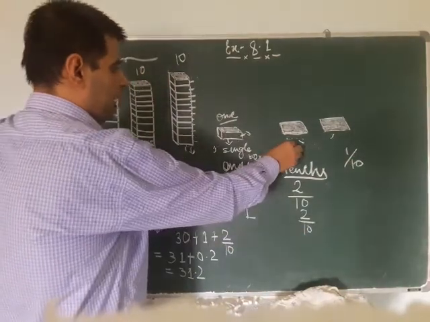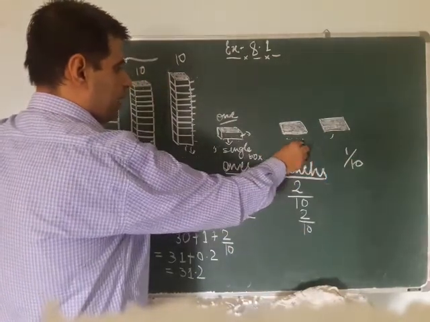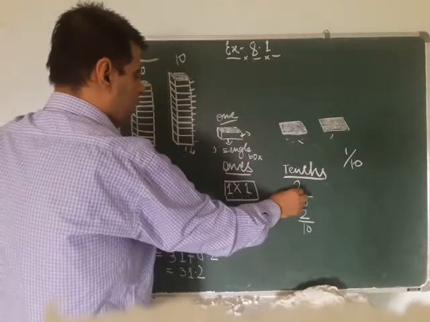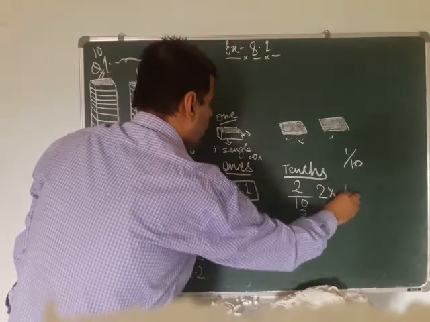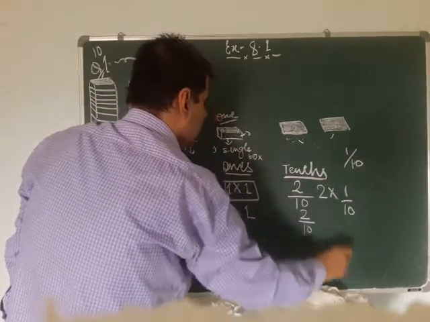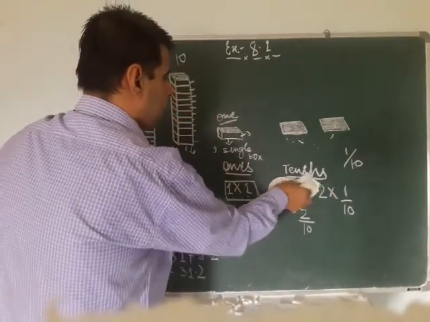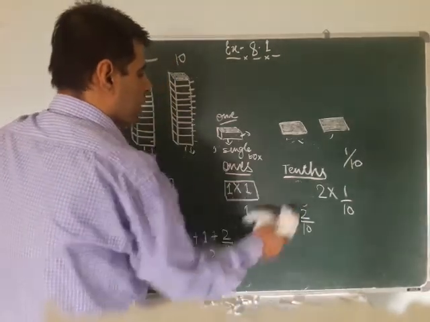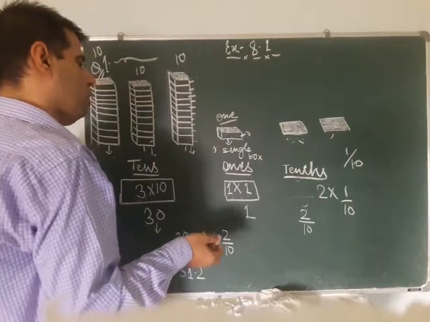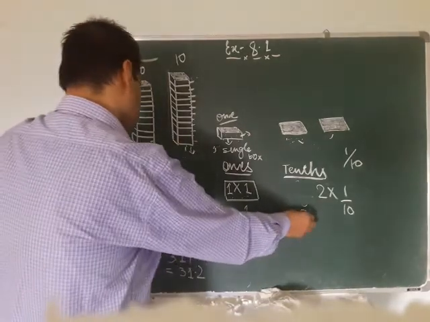So the number of entity of kind 1 by 10 is 2. So we wrote it as 2 by 10, or we can write it as 2 into 1 by 10. This is a much more comprehensive representation, 2 into 1 by 10, which can be written as 2 by 10.